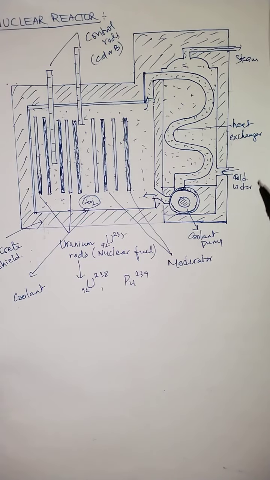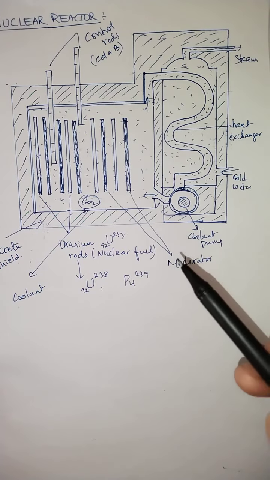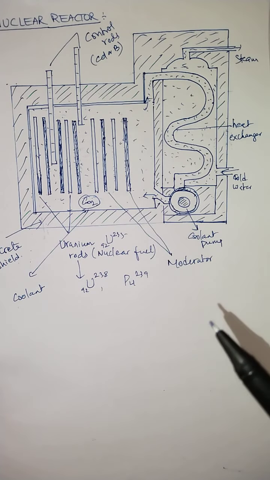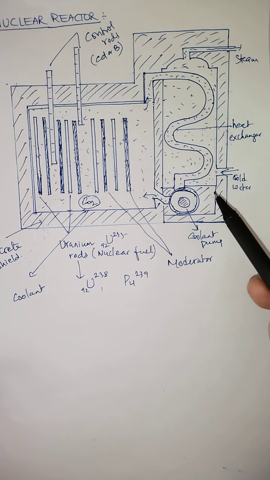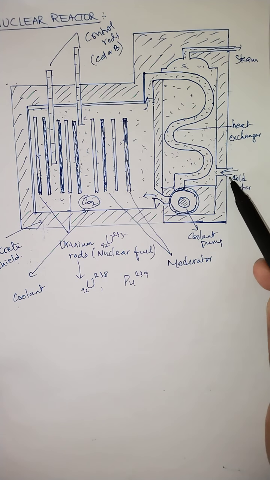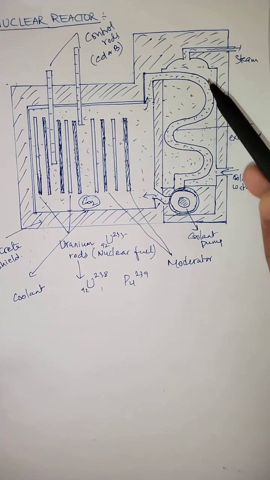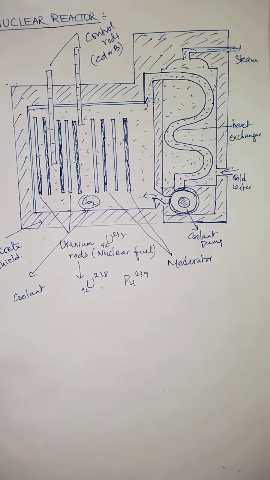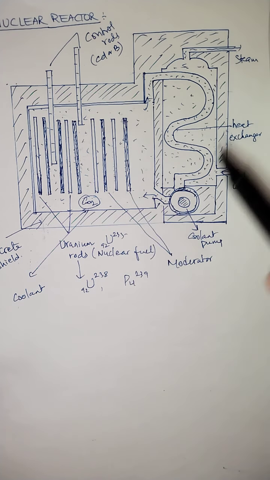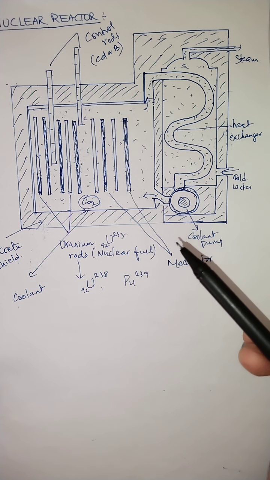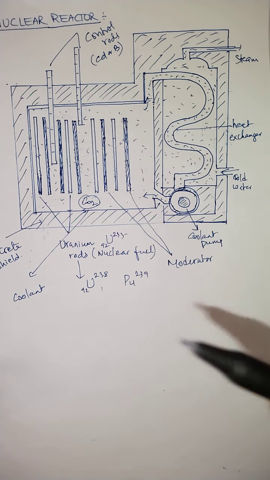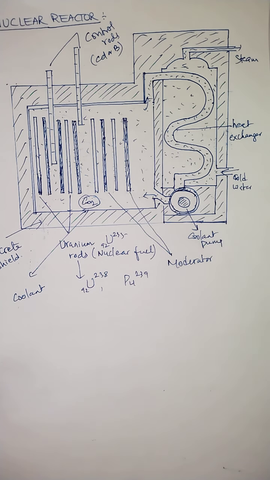So as I said just now, the hot carbon dioxide passes through this heat exchanger and converts the cold water into steam, and that steam comes out from this end. And this steam is now used, children, to drive turbines for generating electricity.